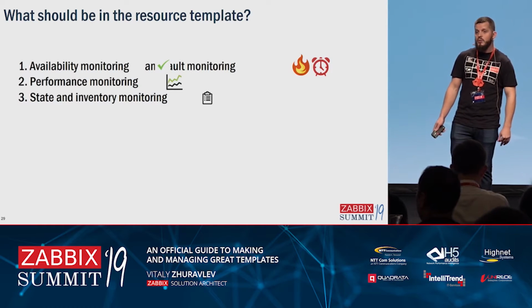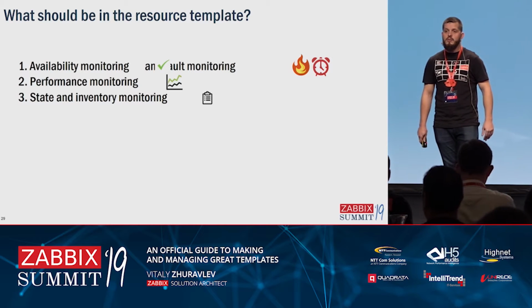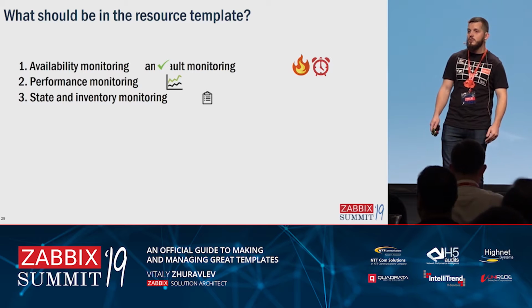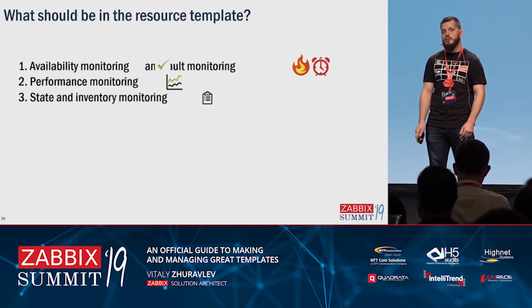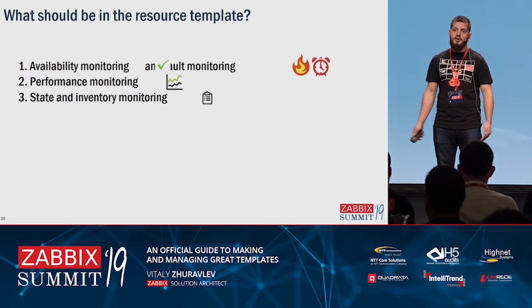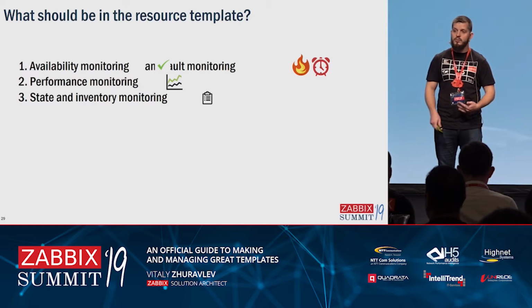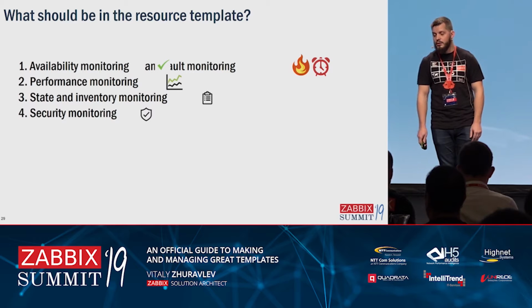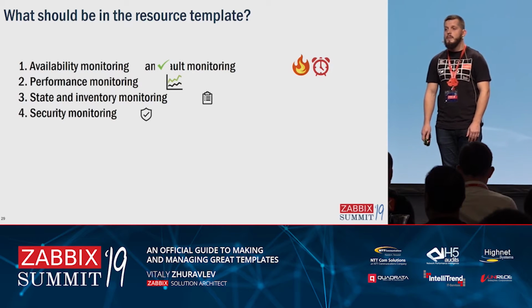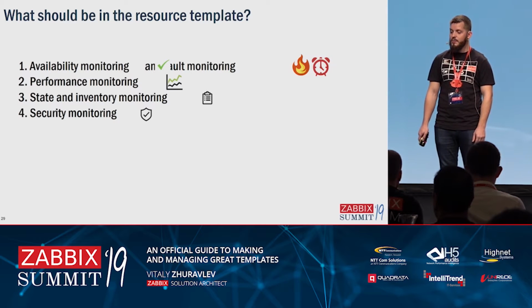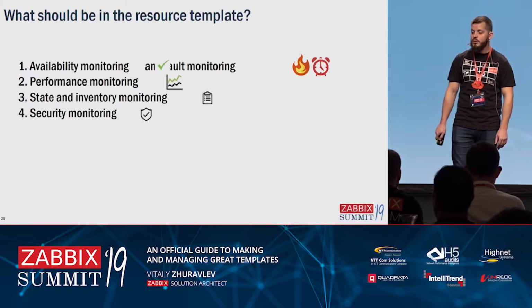Inventory monitoring, well, Zabbix is not really an inventory system, but still you can collect lots of data about the version of the device or resource and other things, so make it a part of your checklist. And finally, you can also check for some security holes if you have knowledge for it. So make it a part of your to-do list as well.